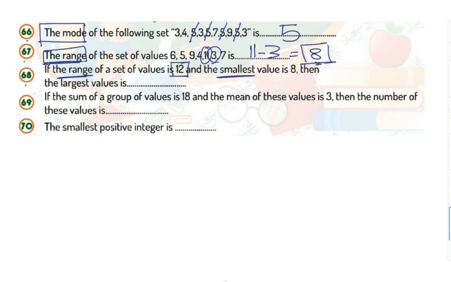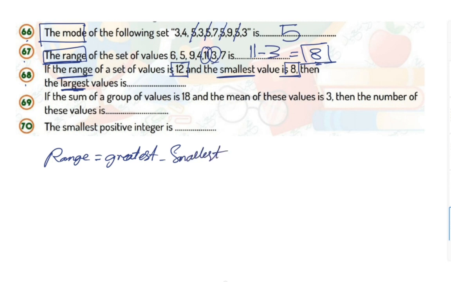Okay, 68. If the range of a set equals 12, he gave you the value of the range, and the smallest value is 8. So he gave you the range and the smallest value and asked you to find the largest value. We know that range equals greatest value minus smallest one.